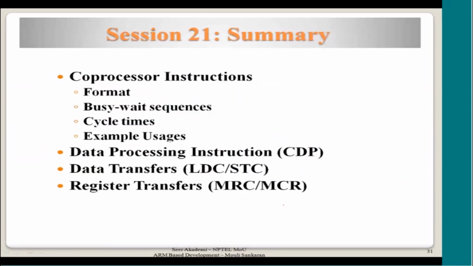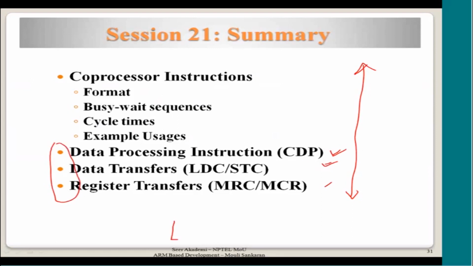So with this we have come to the end of coprocessor instructions. See, these are all a very high level view of how the coprocessor instructions are provided and how they are used. Okay, once you have this background information, then you can go into the details of any particular coprocessor implemented for ARM.